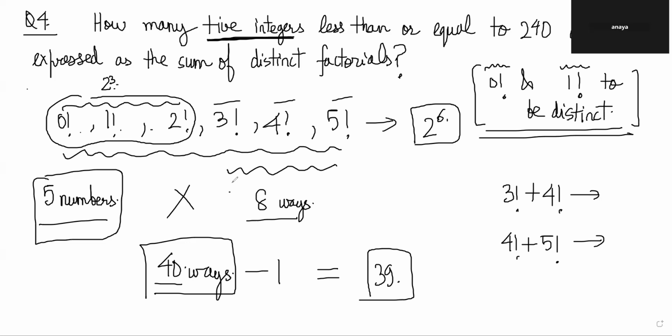So you're multiplying this with the 8 coming from here. You'll get 40, but that includes the case where everything is not there, or 0 is coming as the sum. So we'll remove that and our answer is 39. Right. Okay.